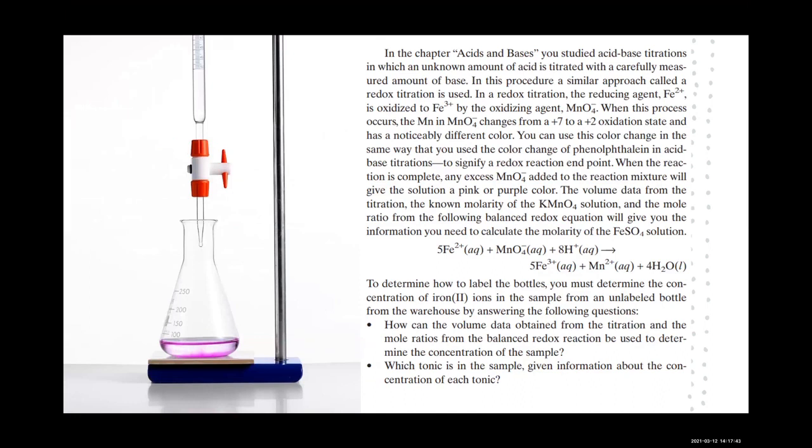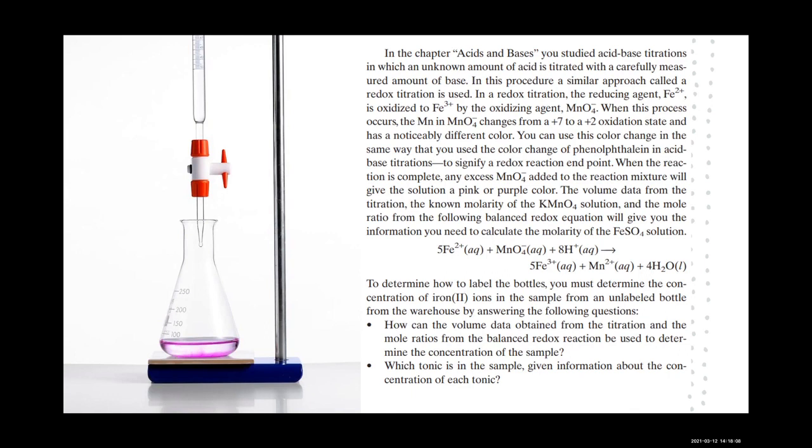In the chapter Acids and Bases, you studied acid-base titrations, in which an unknown amount of acid is titrated with a carefully measured amount of base. In this procedure, a similar approach, called a redox titration, is used. In a redox titration, the reducing agent, which is Fe2+, is oxidized to Fe3+ by the oxidizing agent, which is MnO4-.